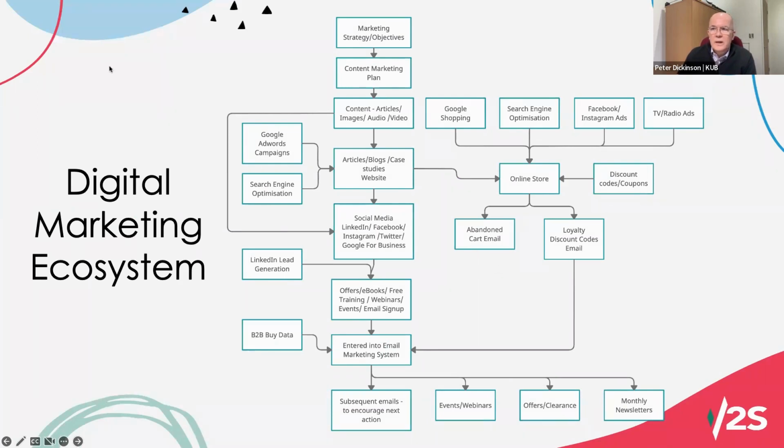But if you've got an e-commerce shop, or if you are a startup, or if you are actively growing your business, and so therefore you've put some budget aside, you'll probably be doing most of these things. Not obviously the Google Shopping for the e-commerce store, but you'll certainly be doing quite a bit of this. You might have some LinkedIn going, you might be doing some SEO, you might be doing some LinkedIn lead generation. You'll certainly have a content plan, etc. And it's surprising how all these things add up. And you need to make sure that each of these is being effective.